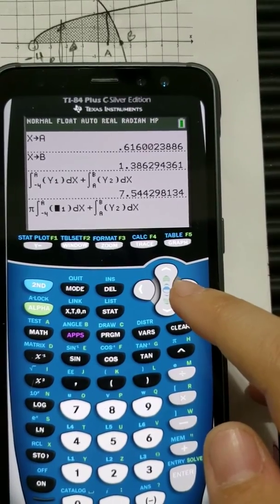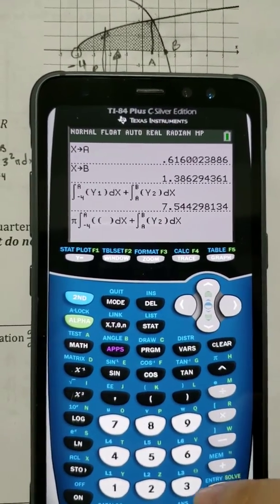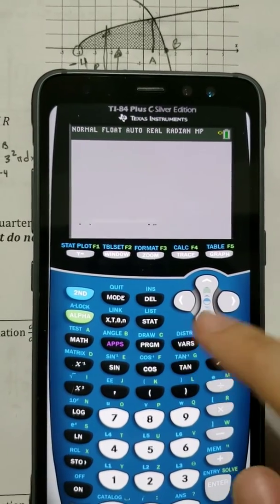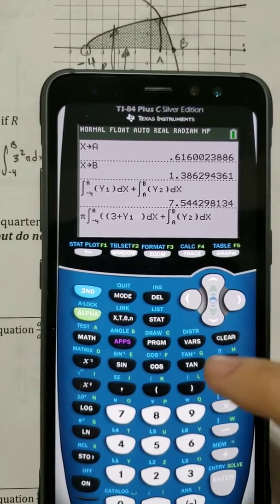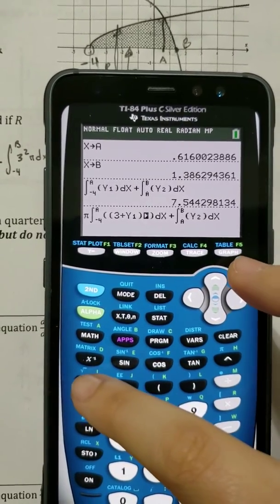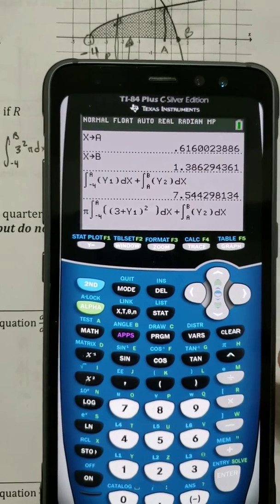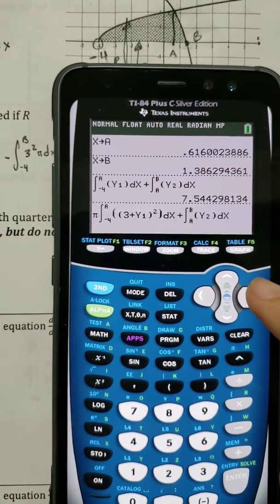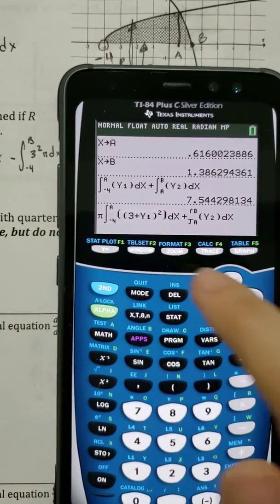This right here is going to be 3. So I need to do my parentheses, 3 plus the function y1, and parentheses squared. Right? So that's the first part. I'm going to go to the second one. I'm going to press second insert.